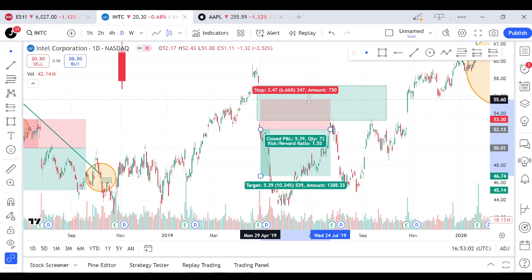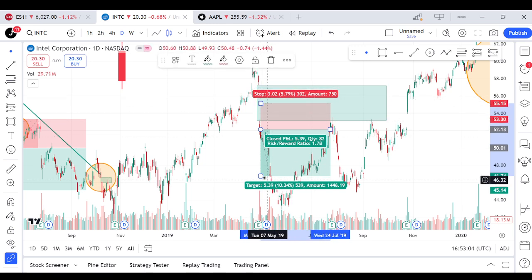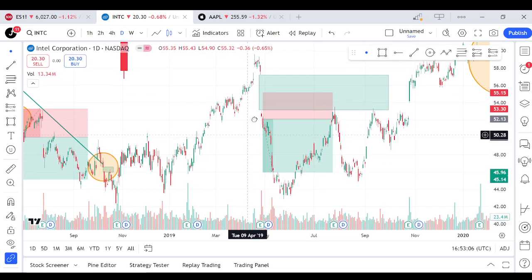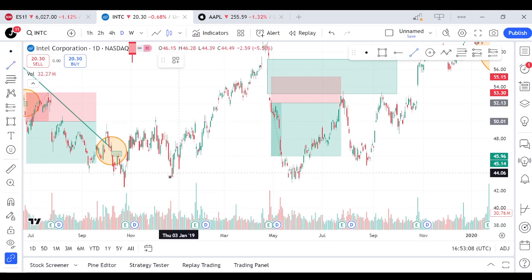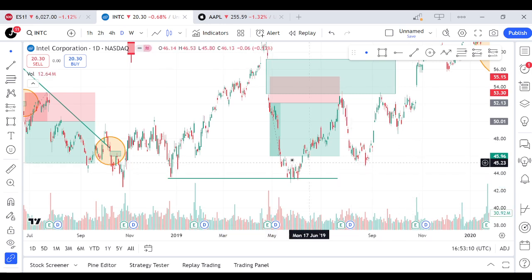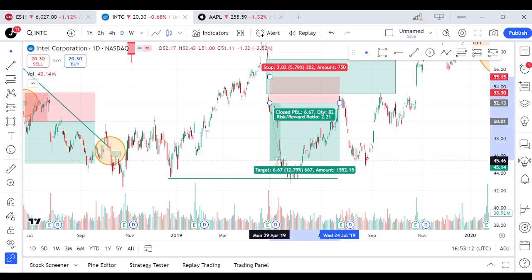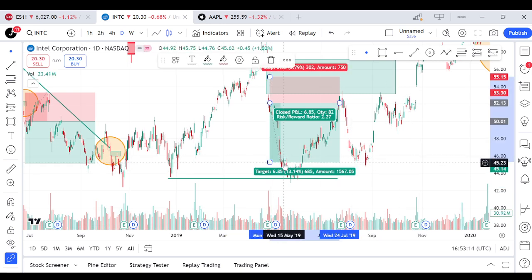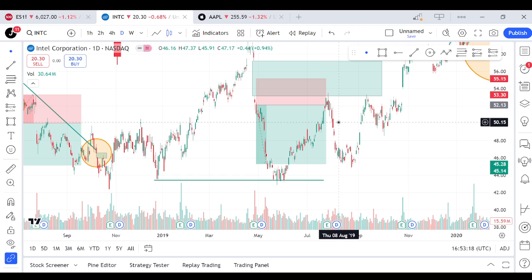So just place it at the midpoint of the gap and set your take profits at key support levels like this one, or you could set your take profit at a 1:2 fixed risk to reward ratio, and that is all right still.